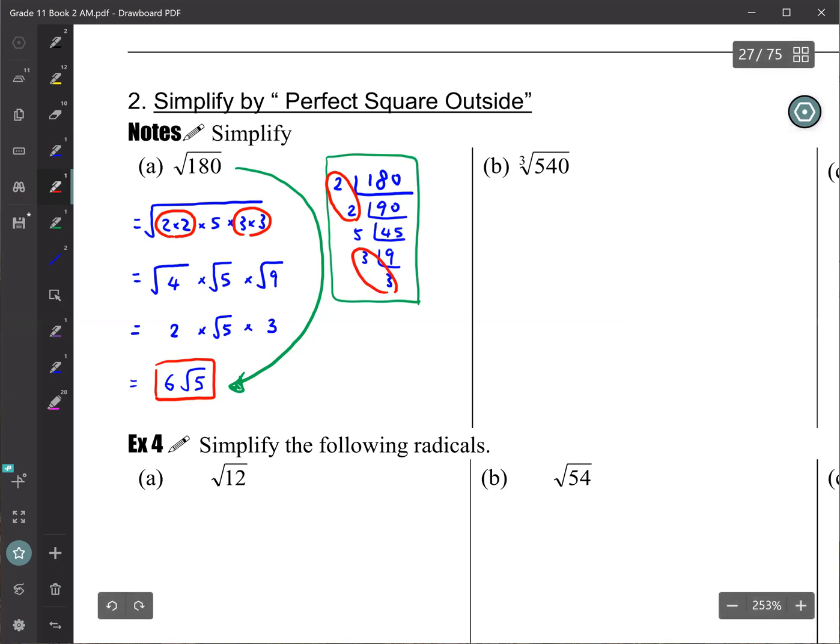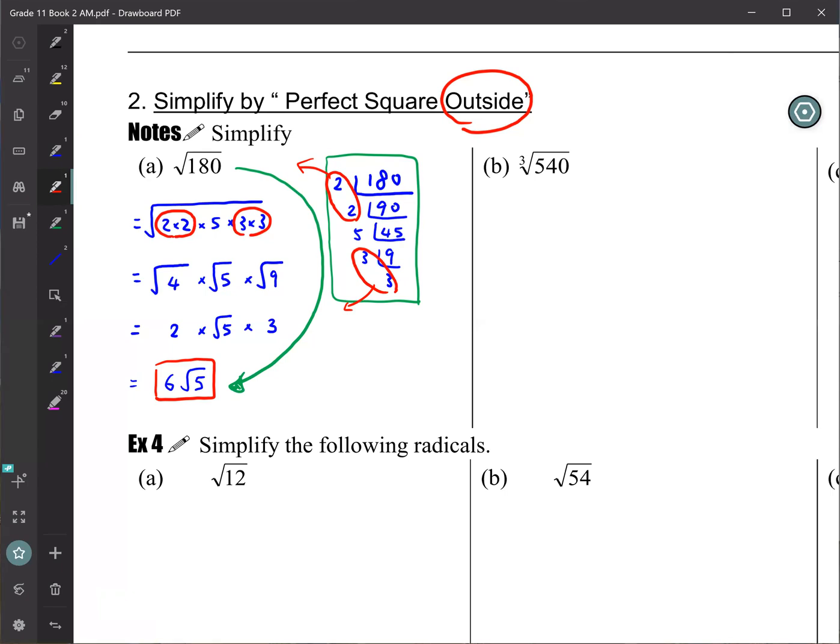So when you see a pair, they will go outside. That's why I call this perfect square outside. You take out all the perfect squares and put them outside. So 2 goes out, 3 goes out, 2 and 3 multiply together, make the 6.